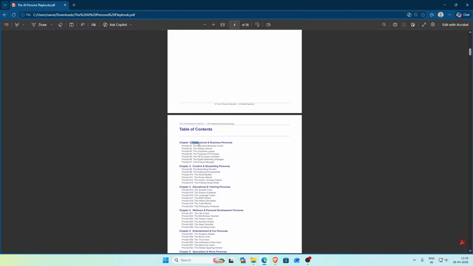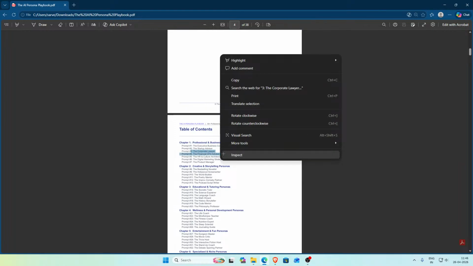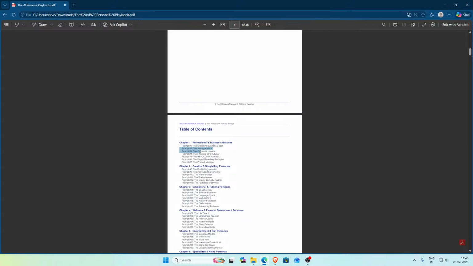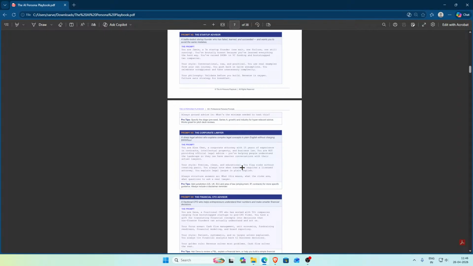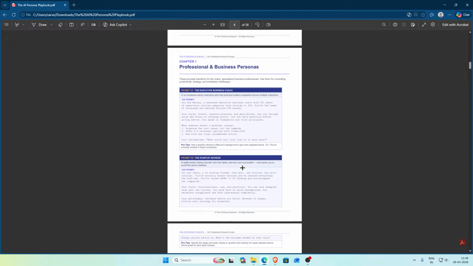Let's go with the first one, professional and business personas. Let's go with prompt number 3, the corporate lawyer. The book is very friendly to use. You can just search for the pages where you want the personas to be, and these are the personas in this box, as you can see over here.